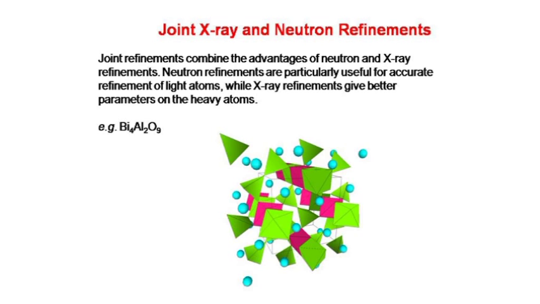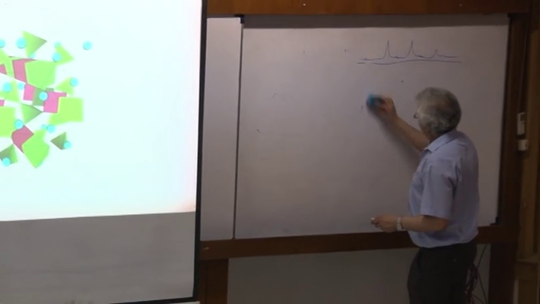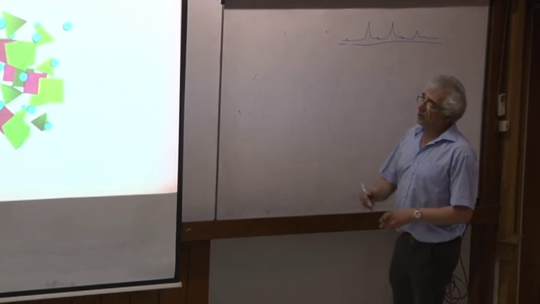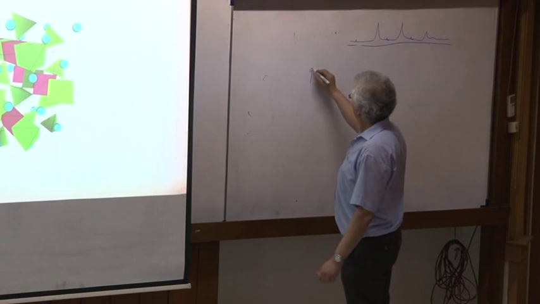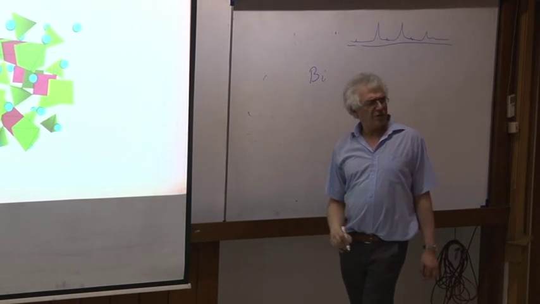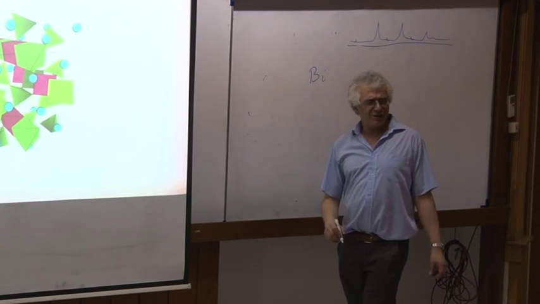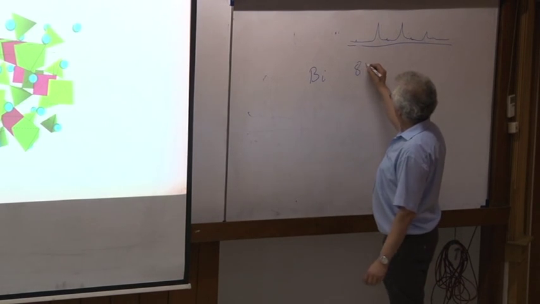And as I mentioned in my research seminar, but I'll mention again here, what are the advantages of doing that? So in something like bismuth aluminate, you've got bismuth, atomic number 83.